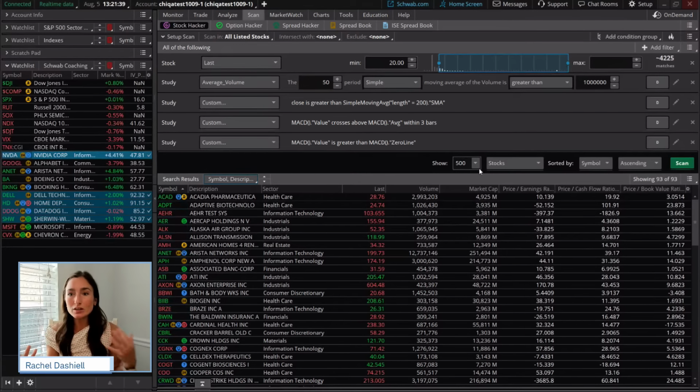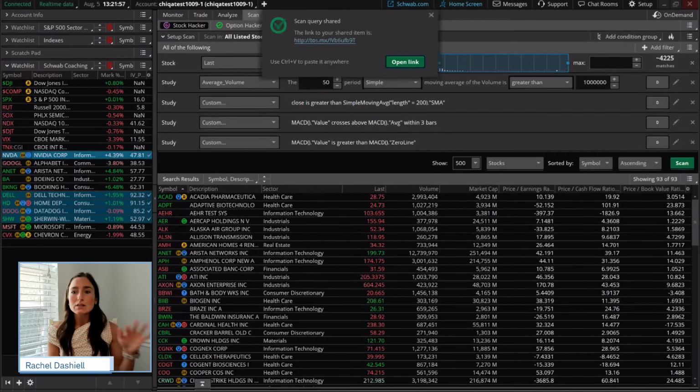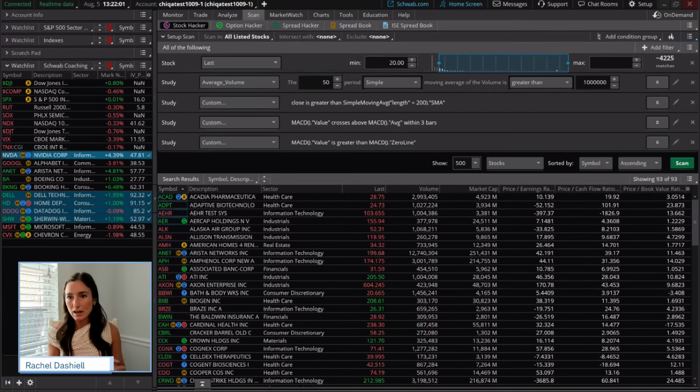So just know that you could work with this as a base, but depending on the strategy that you want, or the volatility regime that you want to trade in, you could add more of those. It's going to narrow down your list even further. So what I'm going to do is share this scan query with you guys, and keep in mind that these scripts are not guaranteed for accuracy, timing, or results.